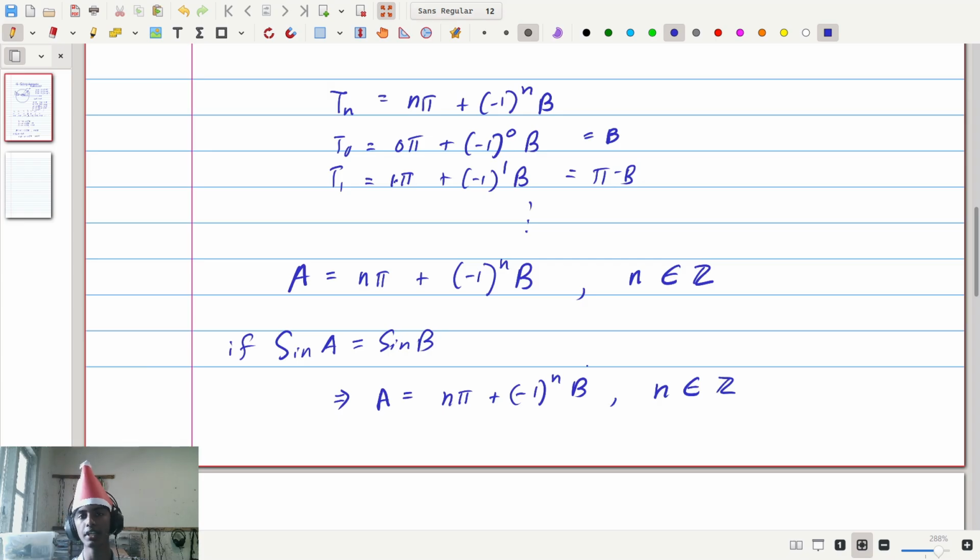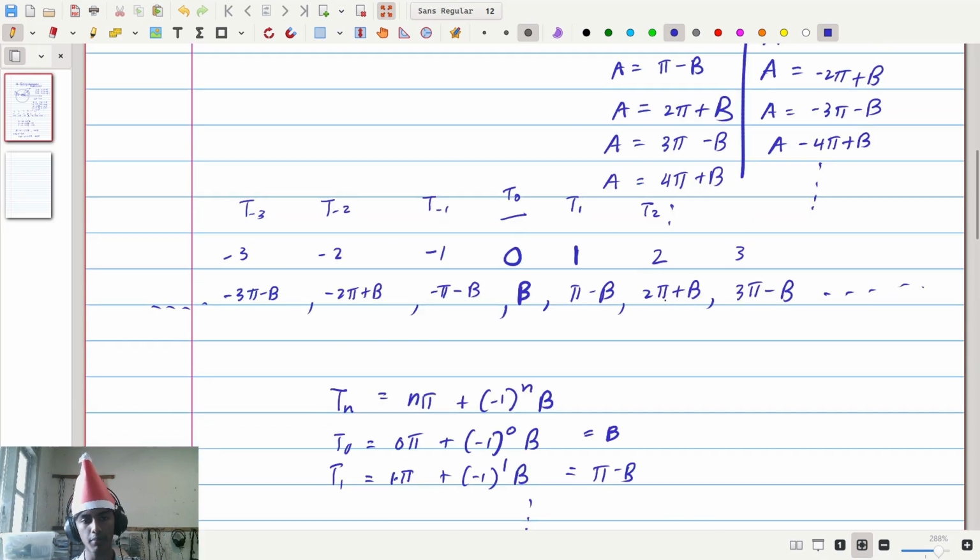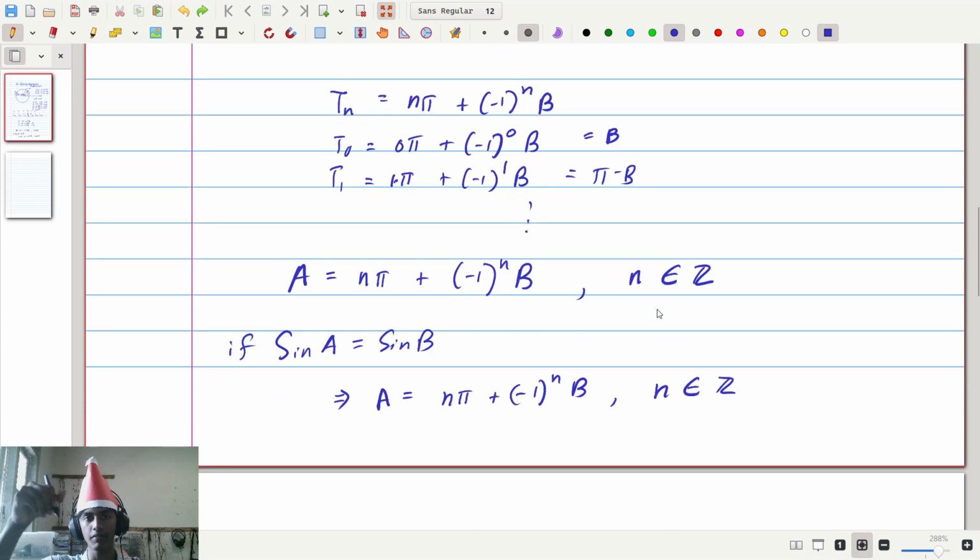Doesn't matter which integer, any integer will give you one valid solution, but plugging in all the integers will give you every possible valid solution. So here we can see there's an infinite number of valid solutions, but our common general formula will solve for every single one at the same time. You just have to choose some n, and that will give you one of the solutions. If you go around choosing every single possible n, that will give you every single possible solution.